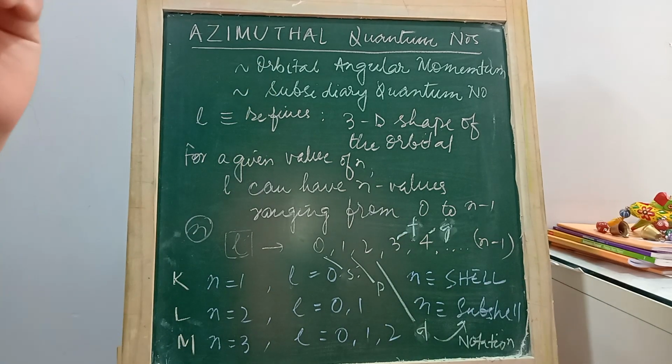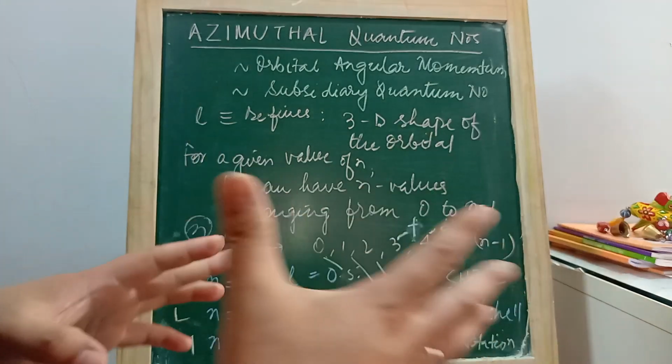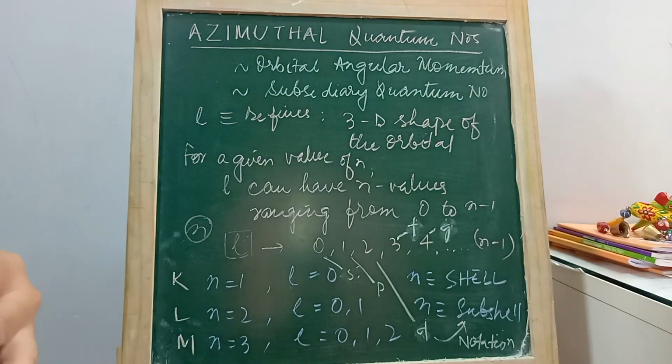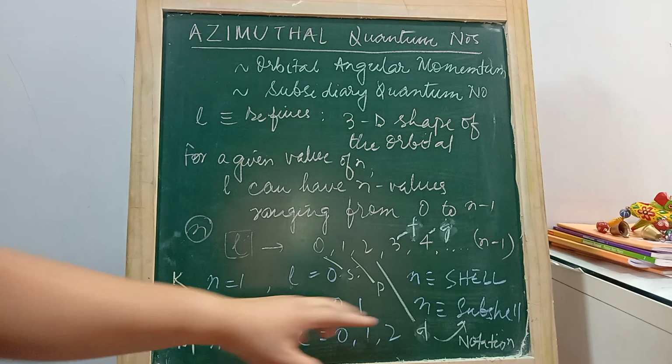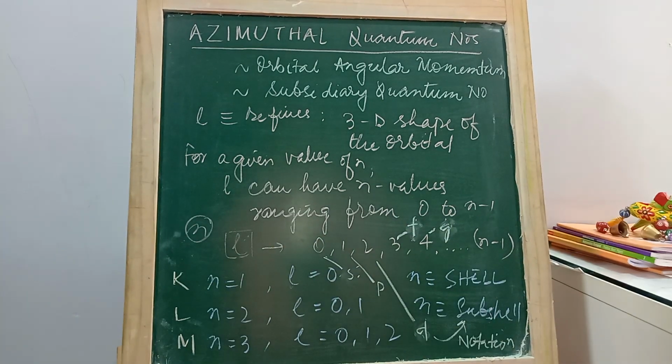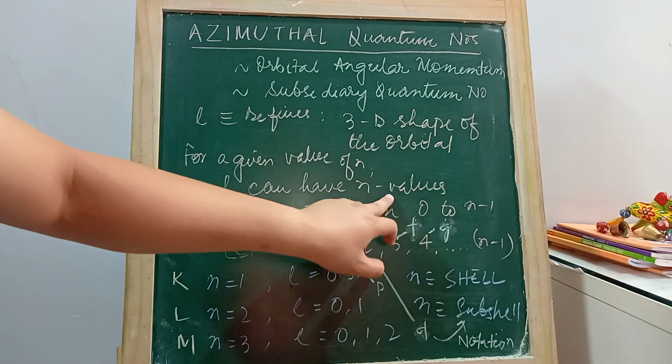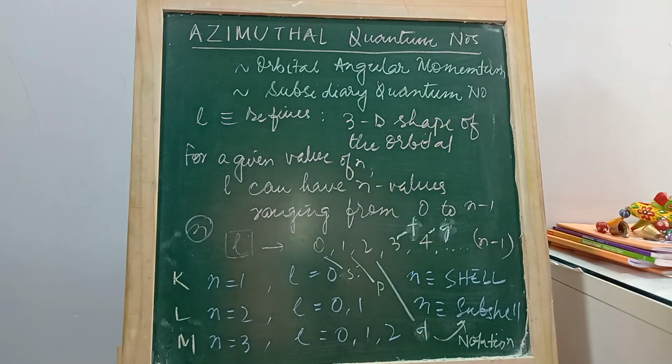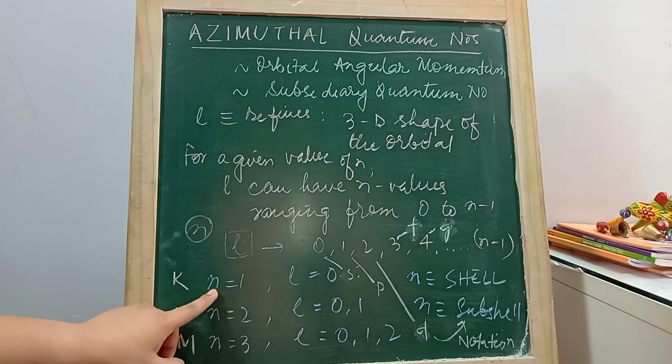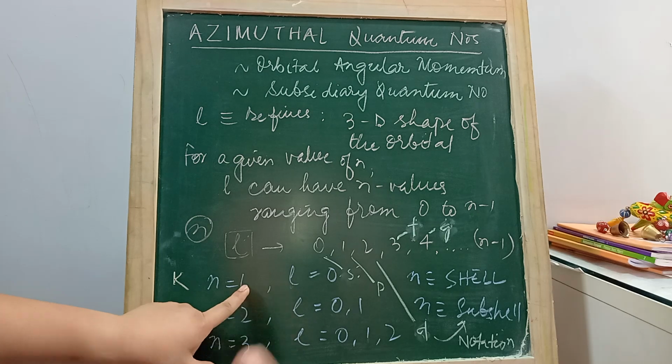It also tells the subshells. It will have n subshells; n values means n subshells. So if the principal quantum number is 1, how many subshells will be there? There will be one subshell.